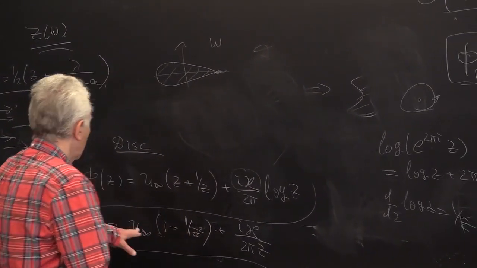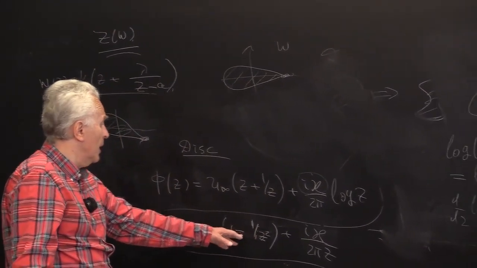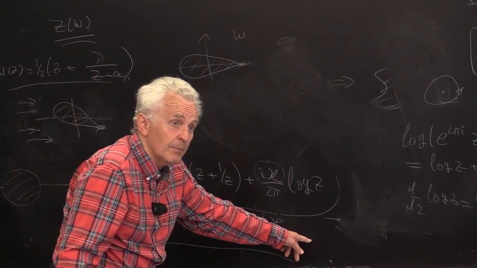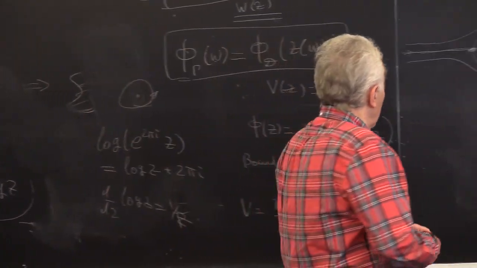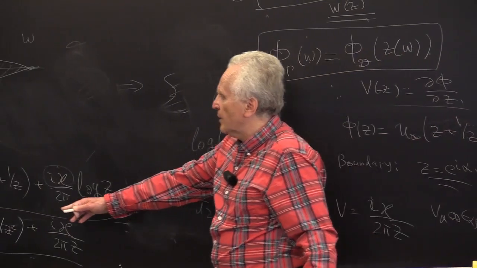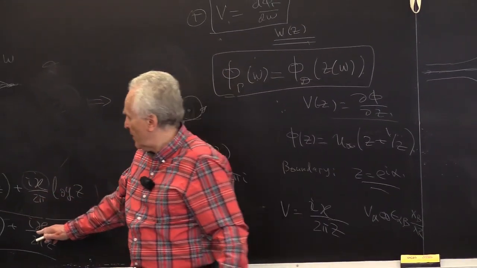You just look at this expression and solve the condition that it is 0 to find the stagnation points. When you add this kappa, the stagnation points are not plus or minus 1 anymore, because you have also this term.